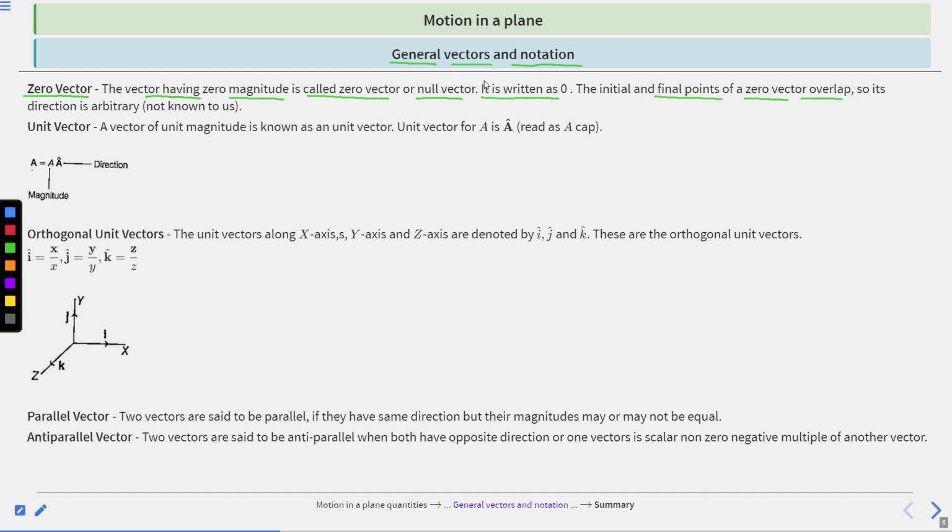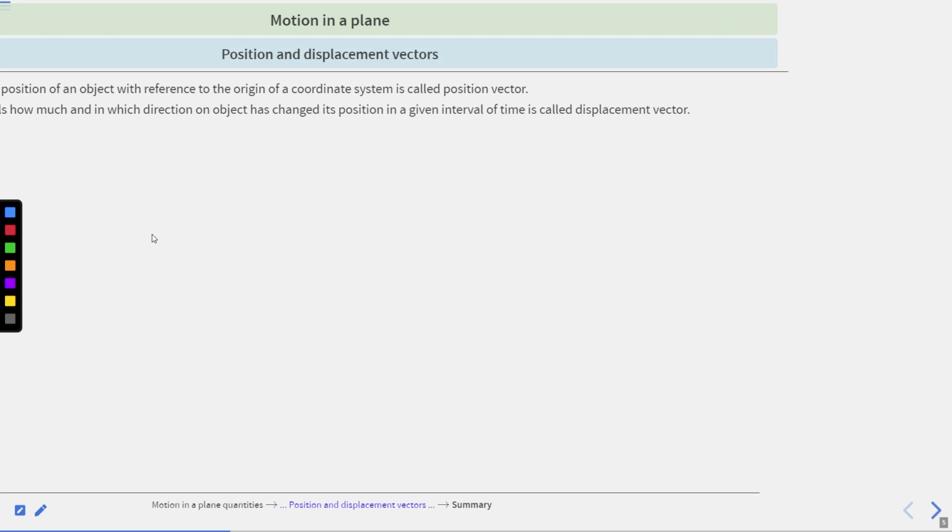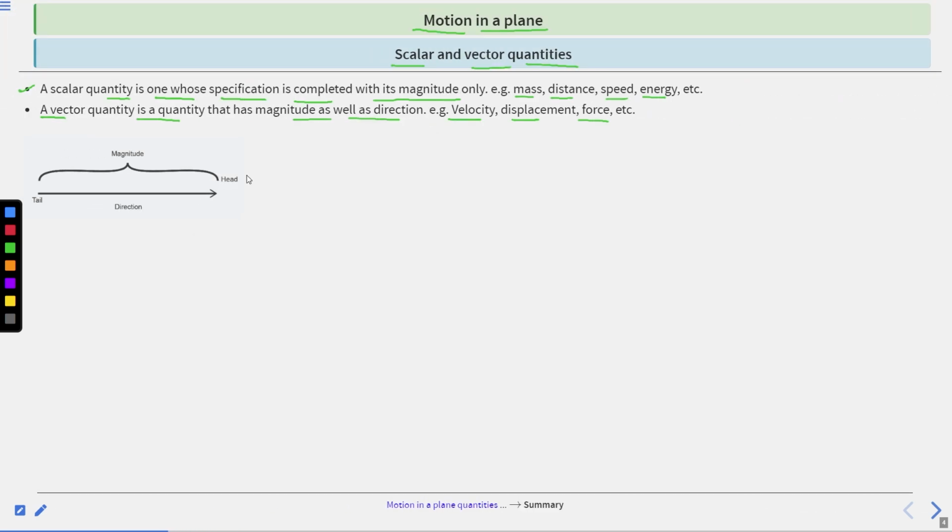Clear? Suppose this is a vector, and the initial and final positions overlap. In that case, we can say null vector or zero vector. Magnitude of the null vector, zero vector, is 0. Clear?